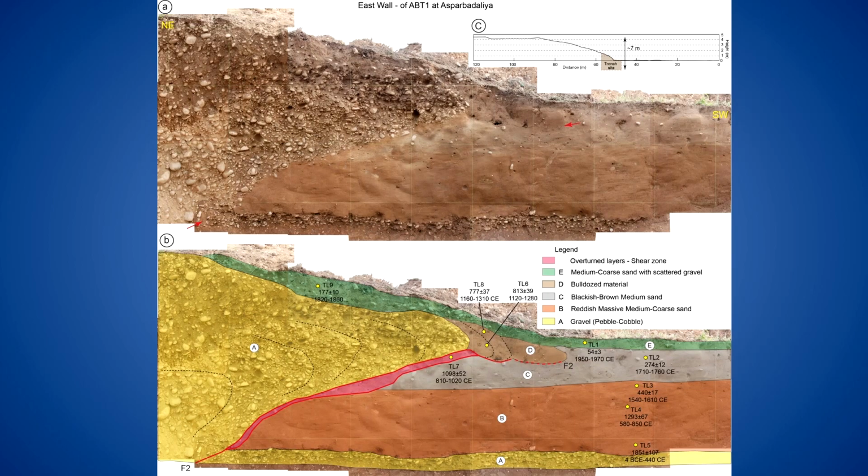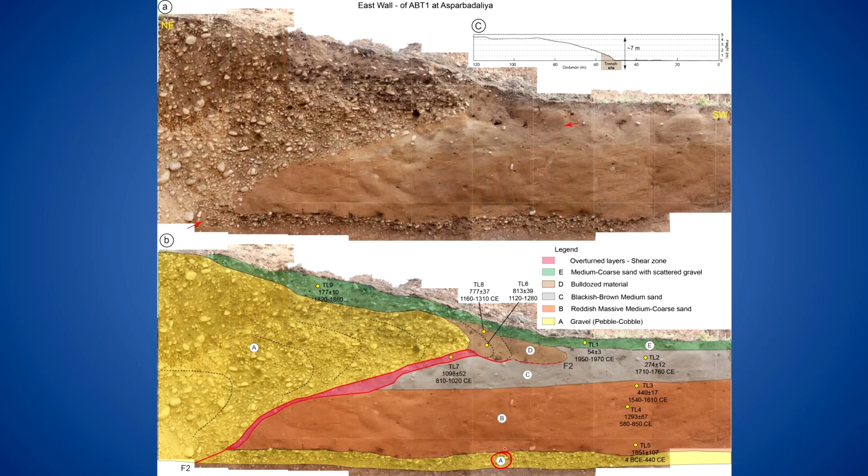Now in this we identify different litho units, as I told, and it is not necessary that you will be able to see similar units on either side of the fault. But we were fortunate enough that we were able to pick up the base of unit B, which was marked by the gravel unit.